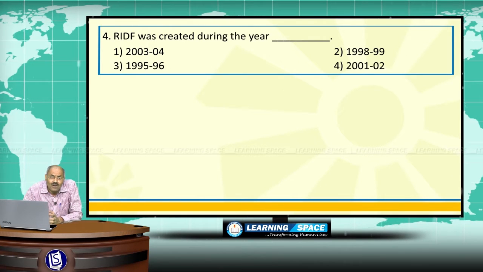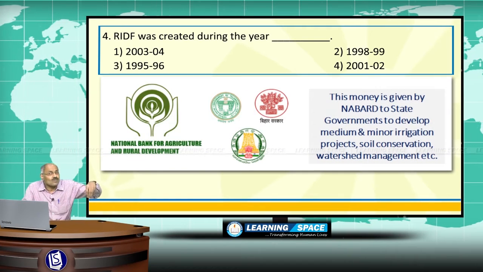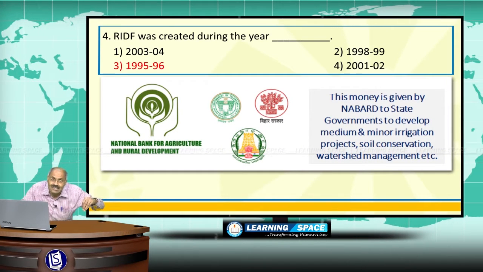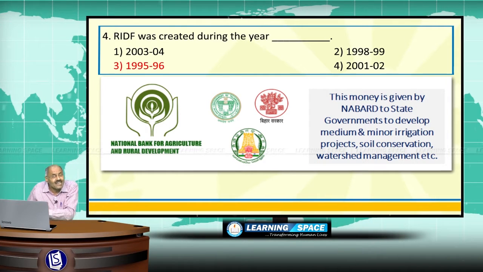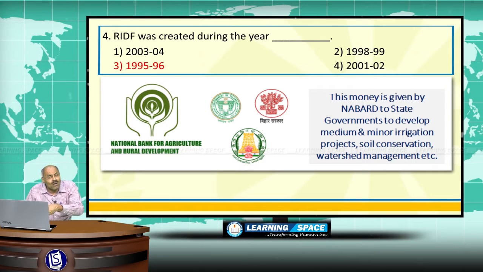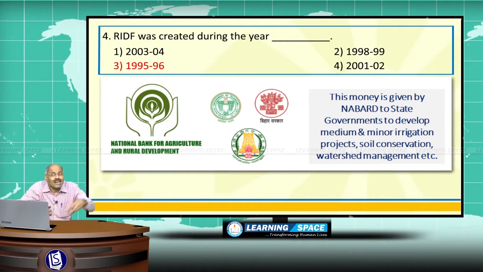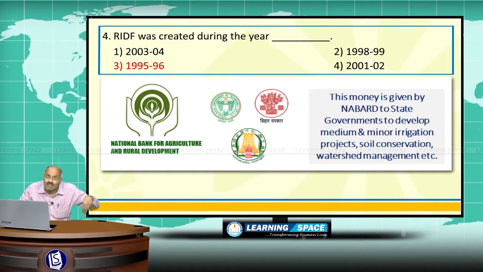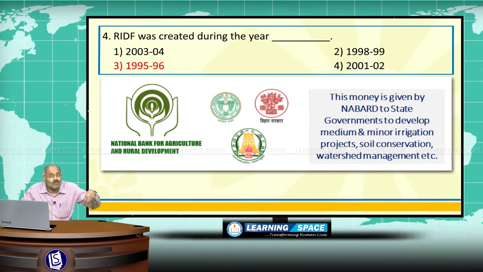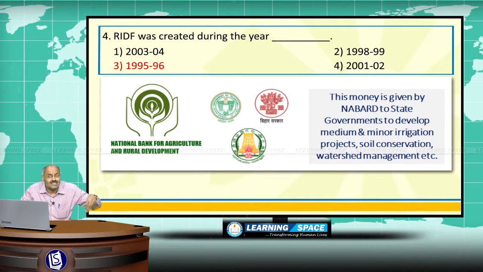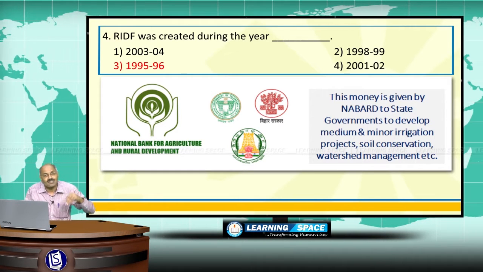RIDF was created. What is RIDF? RIDF is the Rural Infrastructure Development Fund. This was created during the year 1995-96. If banks have a shortfall in priority sector lending, that shortfall is to be deposited to RIDF maintained by NABARD, and in turn this money is given by NABARD to various state governments to develop medium and minor irrigation projects, soil conservation and watershed management projects, right?